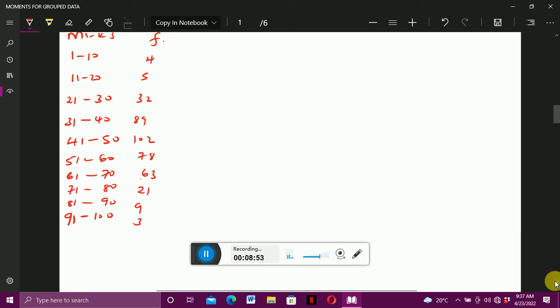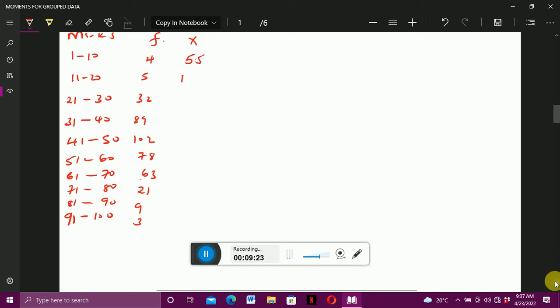Because we want to get the first 4 moments about the mean, we will first of all need to get the midpoints of the classes, which we call x. So the midpoint of every class is given by taking 1 plus 10, get 11 divided by 2, get 5.5.